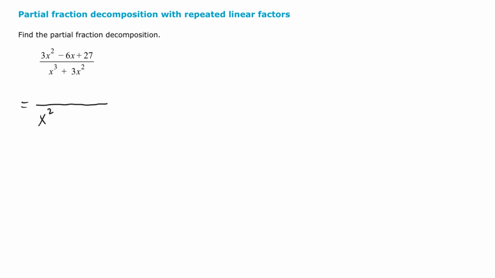We have an x squared, and then we have an x plus 3. There is a common factor in the numerator, and that is 3, but I'm not sure if I really need it. I don't think I need it at all. I'm actually going to leave this alone. I don't think there's a common factor of x plus 3 in the numerator. That's the only thing I'm concerned about.